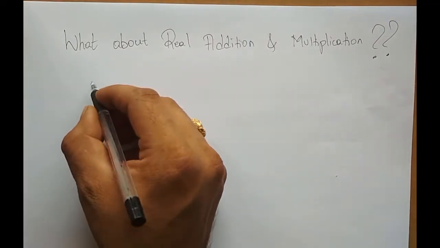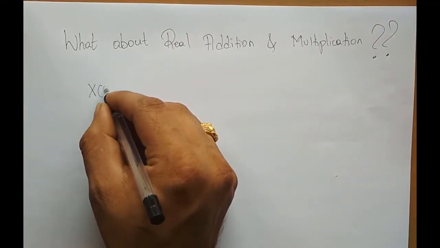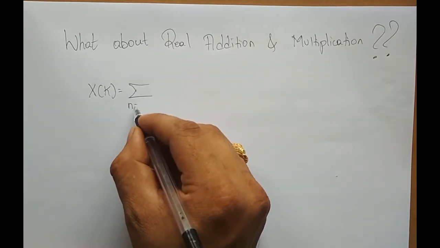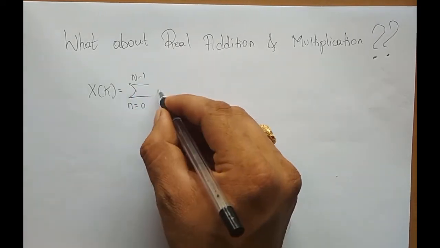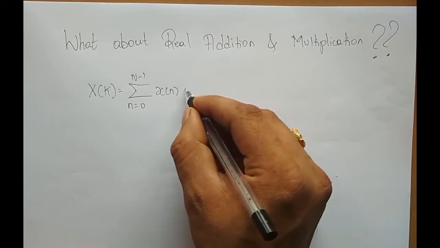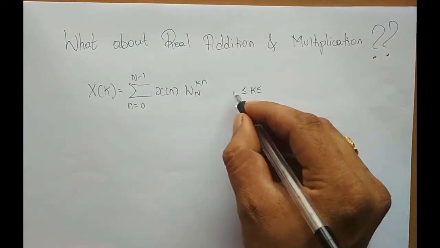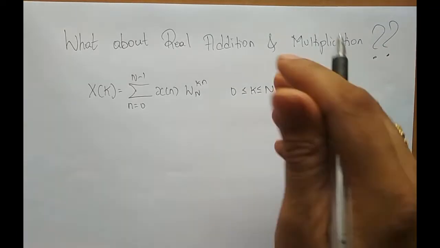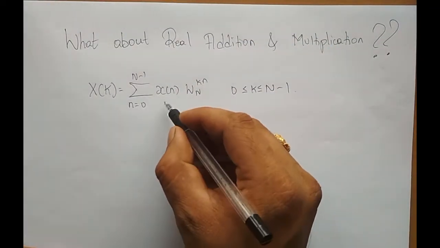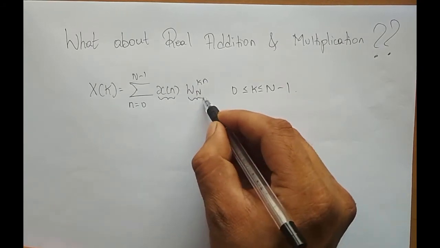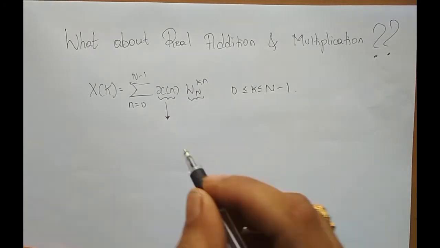So what we shall do is, again we'll go back to our formula. X of k is what? Summation n varying from 0 to N minus 1 of x of n W_N power kn, and k is varying from 0 to N minus 1. Now since this is complex and this is complex, we'll expand this in terms of complex numbers.